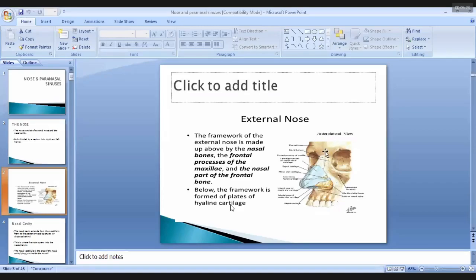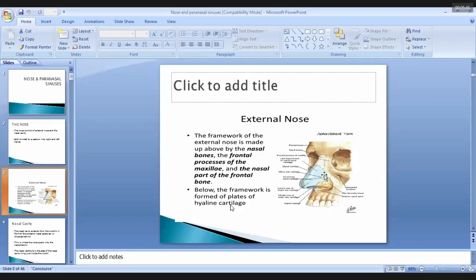So three bones participate in the formation of the framework of the external nose from the superior aspect: the nasal bone, the frontal processes of the maxilla, and the nasal processes of the frontal bone.